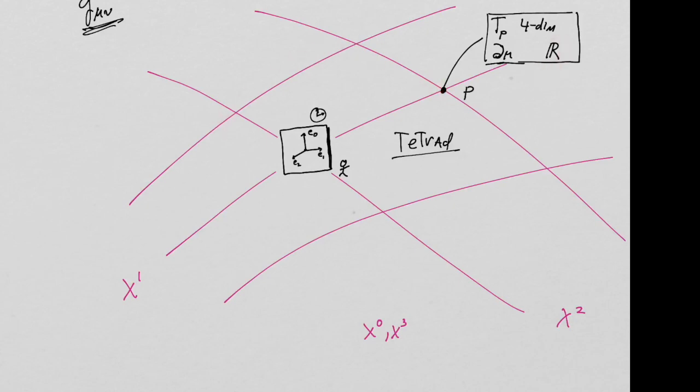So every point in spacetime has such a thing, including the point where Alice is at, right? So Alice has a tangent space right here at her lab, and that tangent space contains vectors. It's the exact same structure, right?